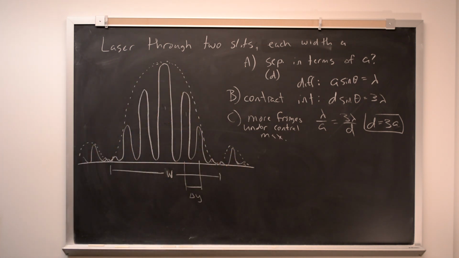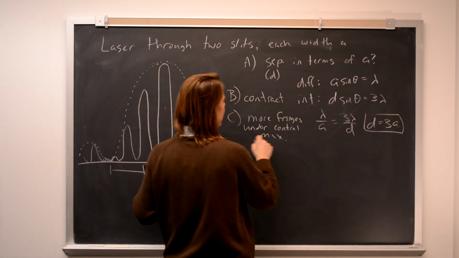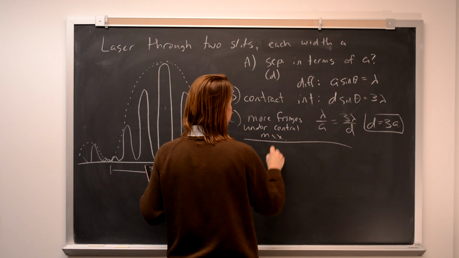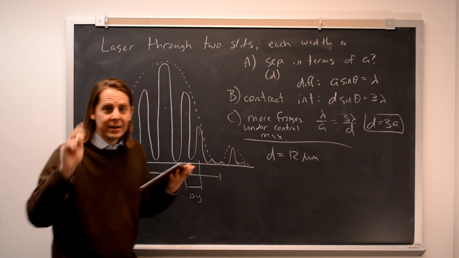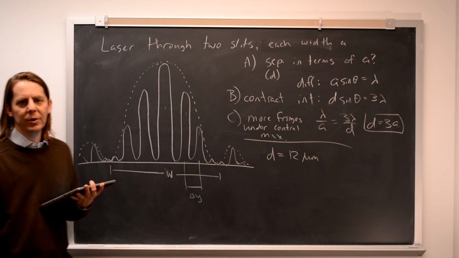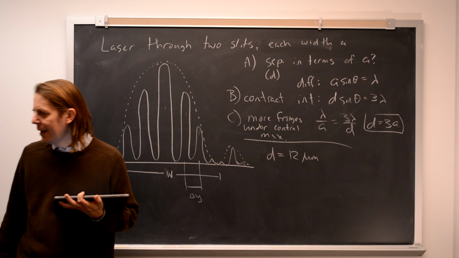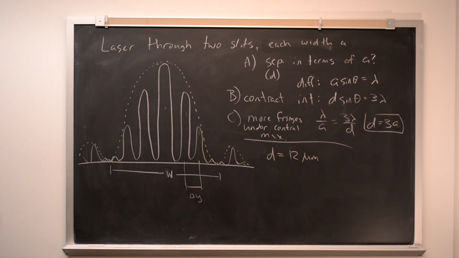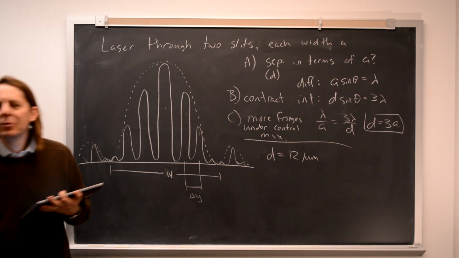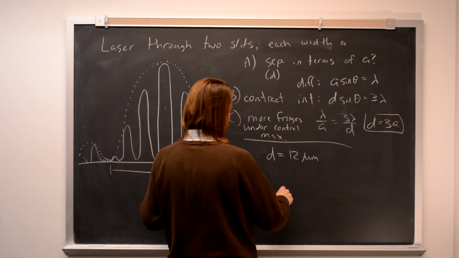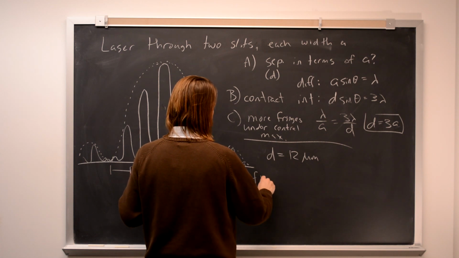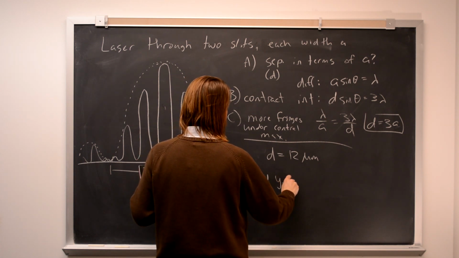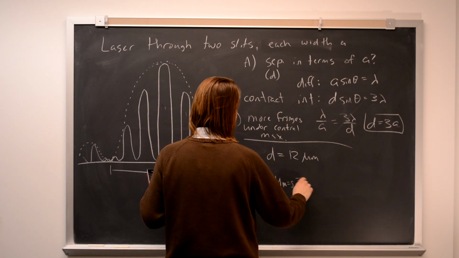Okay, so for part D, we're going to say that D equals 12 microns. And we're going to assume the slits are ideal, which basically means A equals 0. They have no width. So we're just doing an interference problem. And the question was, using small angle approximation, find the location of the m equals 5 maximum. So for part D, find y for m equals 5, because it said the location, not the angle.